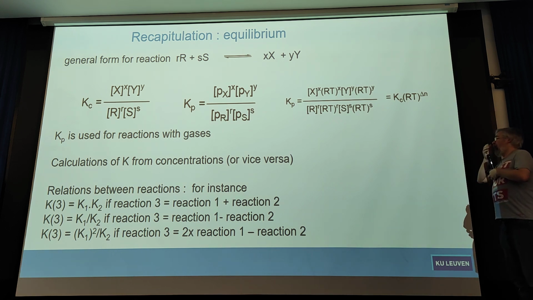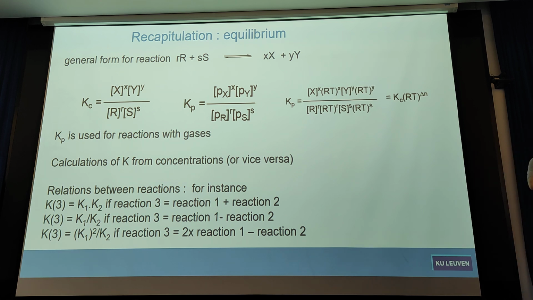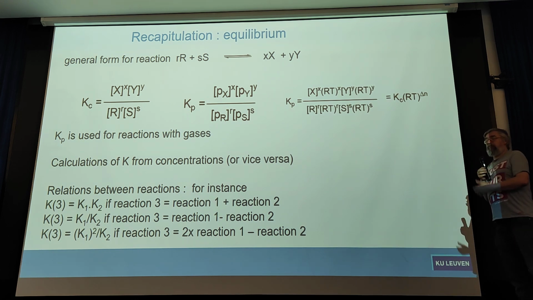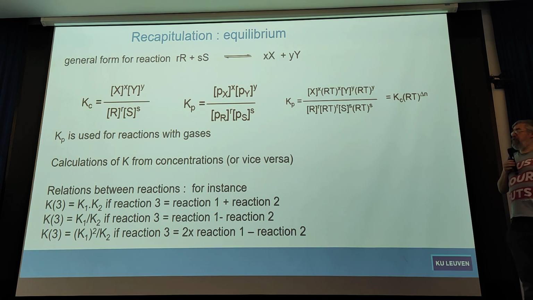And indeed, as already mentioned, we can do a lot of calculations of K on the concentrations, or calculate concentrations from a known K. Here are some examples where we could have relations between reactions.